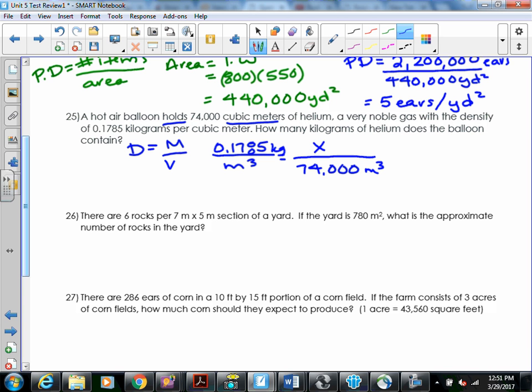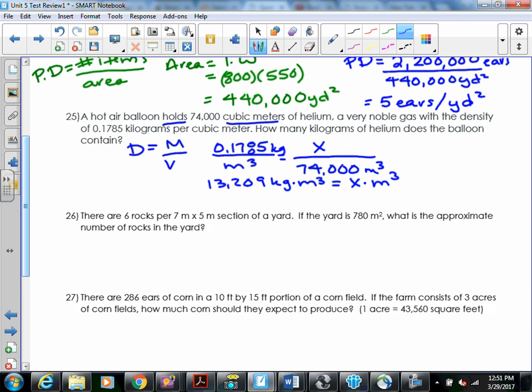So your X goes up here, and yes, you are going to cross multiply. You do the 0.1785 times 74,000, and that will give you 13,209 kilograms times meters cubed equals X times meters cubed.